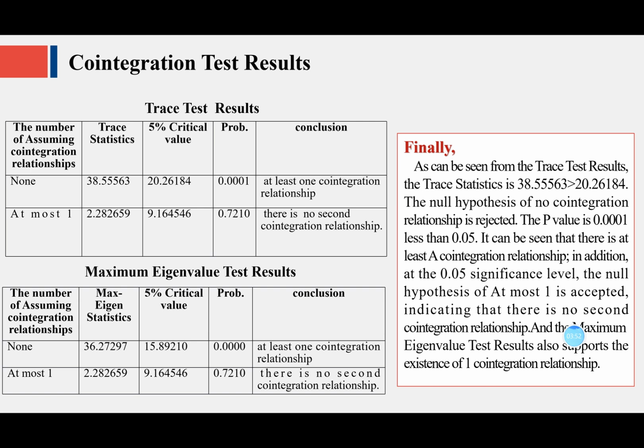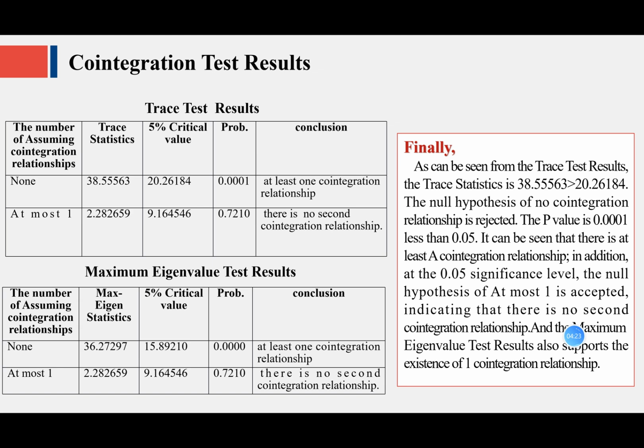Finally, let us take a look at the results of the cointegration test. As can be seen from the trace test results, the trace statistic is 38.55563, more than the critical value 20.26184.